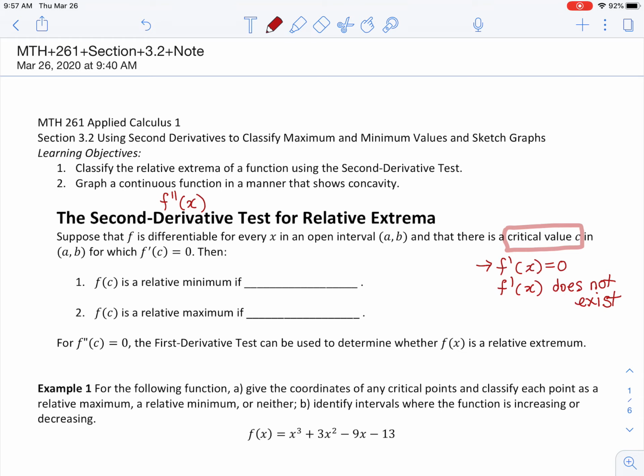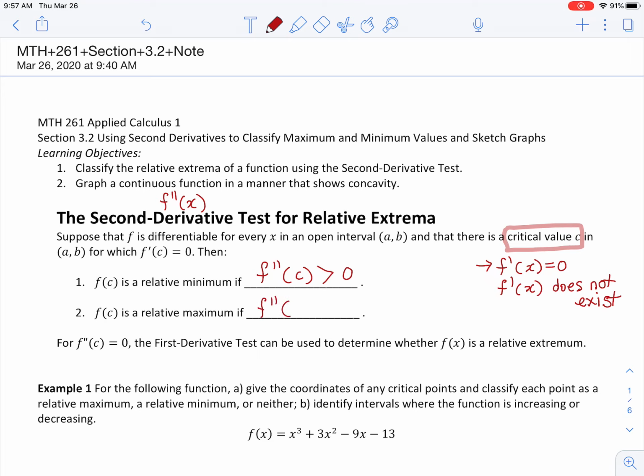Then we're going to say that this value, if you plug it into the function, will give you our relative minimum if the second derivative comes out to be positive. So what you do is you first find your critical value C, okay? And then you plug that value into your second derivative. If the value comes out to be positive, then we know that's going to be a relative minimum.